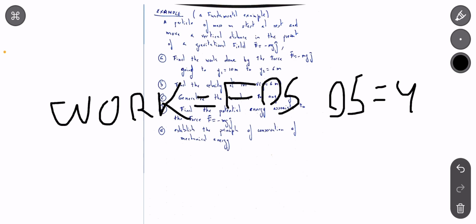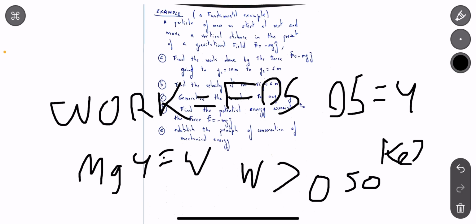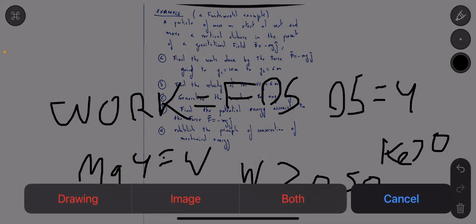And we know that mg times 4 equals W, and we can figure out that W will be greater than 0, so the kinetic energy will be greater than 0, okay?